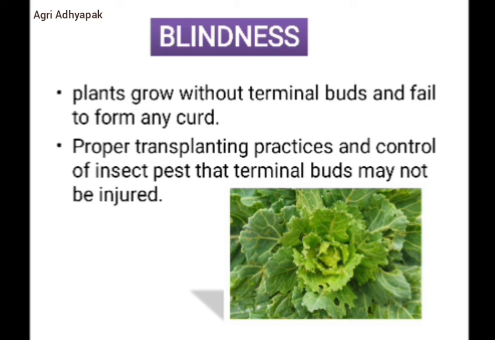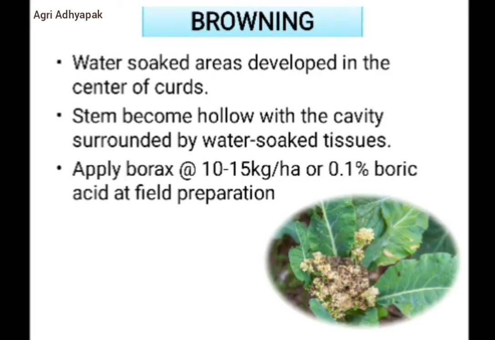It may be due to damage caused by biotic or abiotic factors or improper management techniques followed while cultivation. So the major reason for blindness is frost. Browning is also one of the important physiological disorders, with the symptom of water-soaked areas developing in the center of the curds.